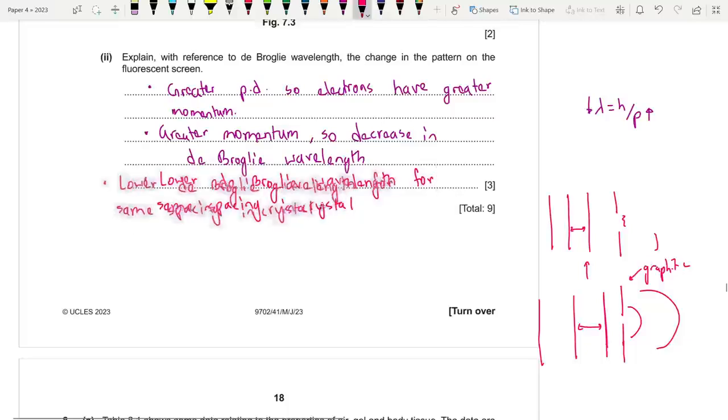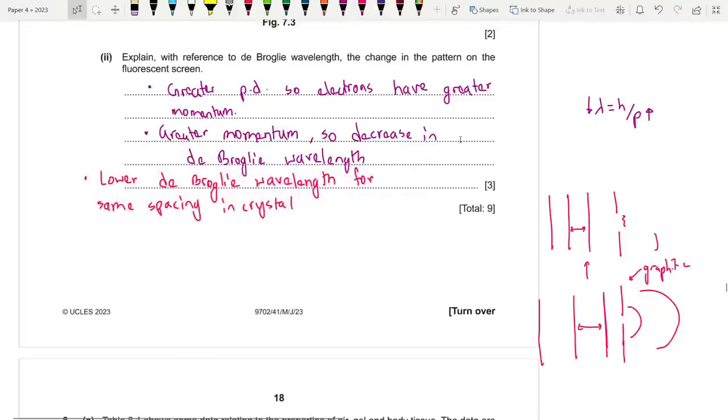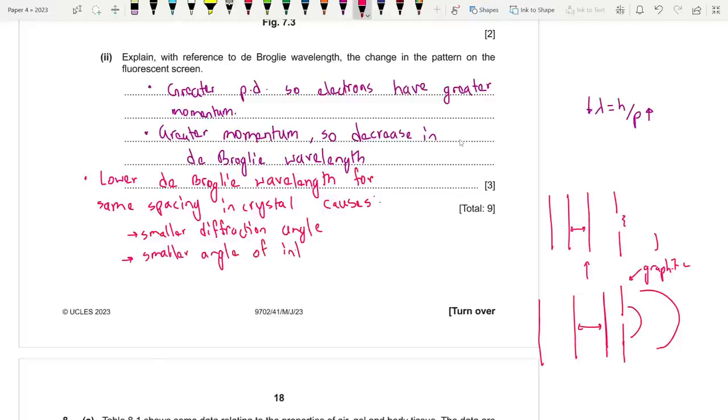Increasing the wavelength while keeping the slit width the same actually increases the diffraction angle, but due to a lower de Broglie wavelength for the same spacing in the crystal, this causes a smaller diffraction angle, or alternatively, a smaller angle of intensity maxima for each order, or a decrease in fringe spacing.